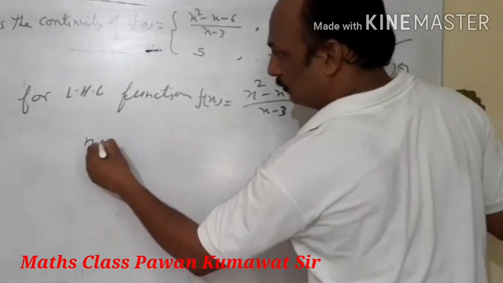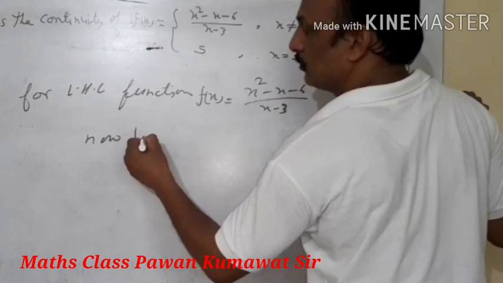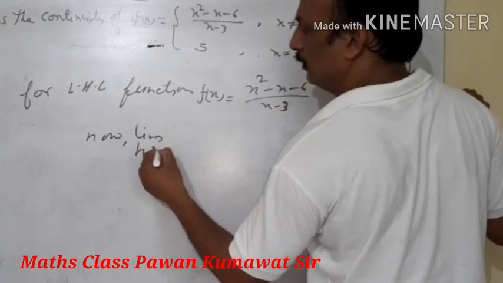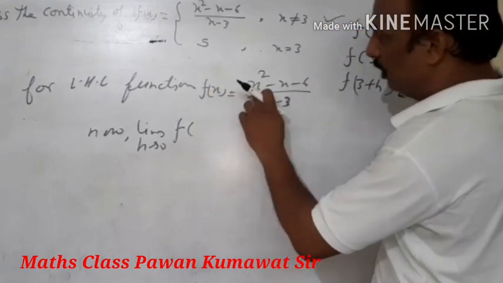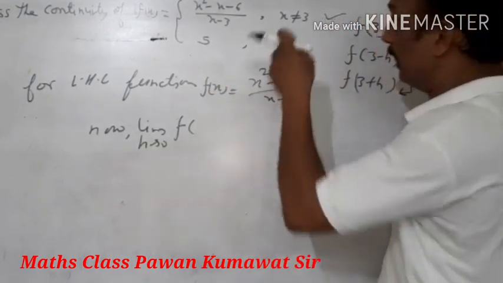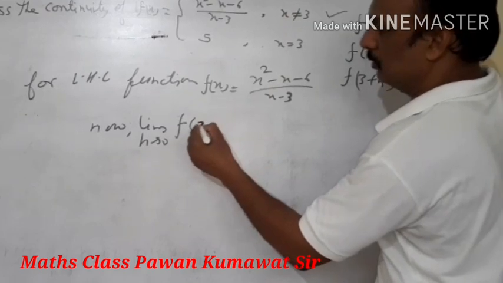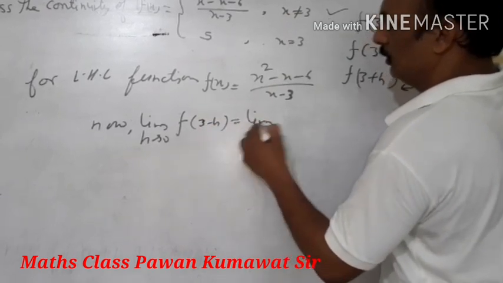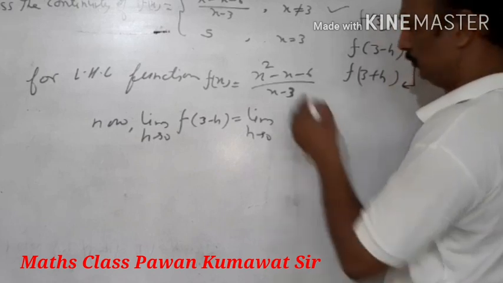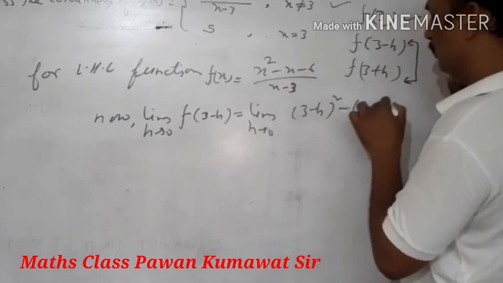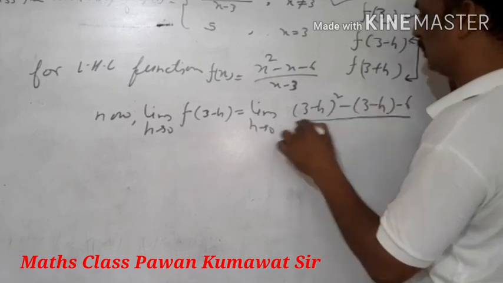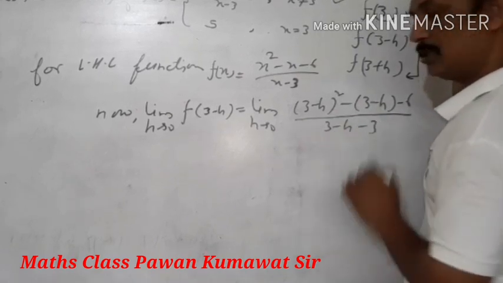Yes, now limit h tends to 0 f, we put the value of x as 3 minus h. Limit h tends to 0, it is (3 minus h) square minus (3 minus h) minus 6 upon (3 minus h) minus 3.